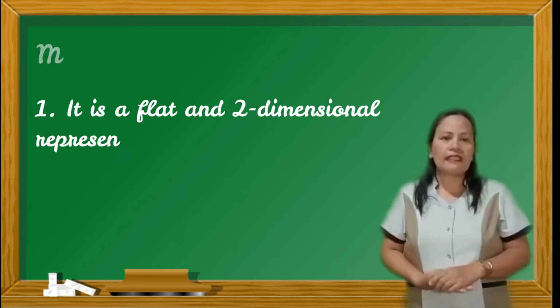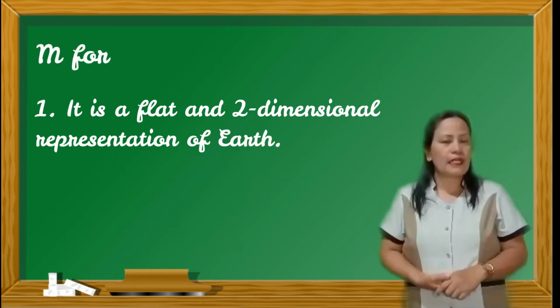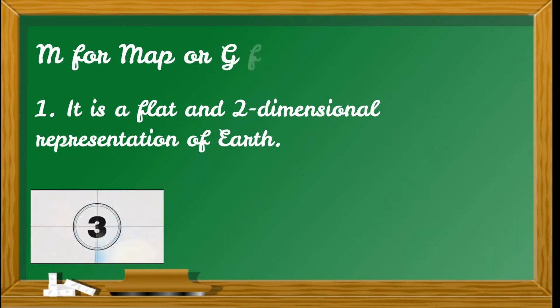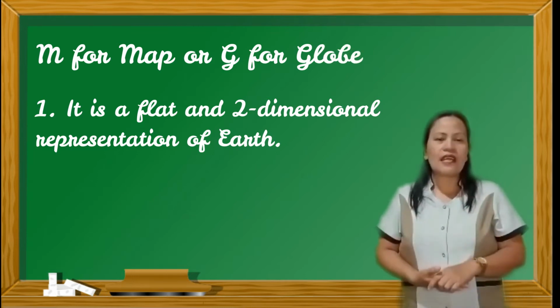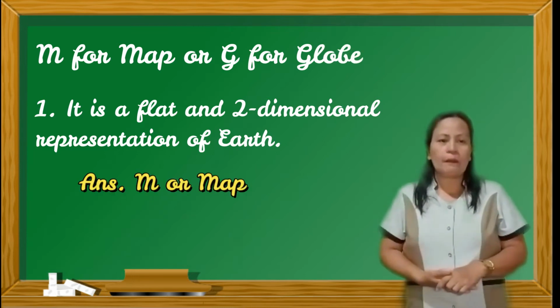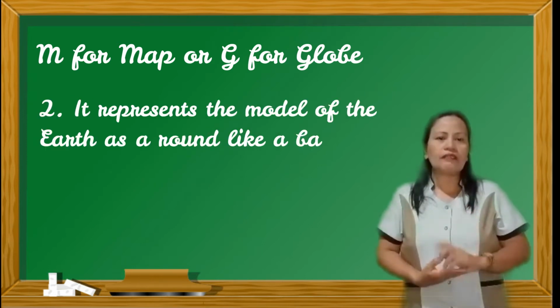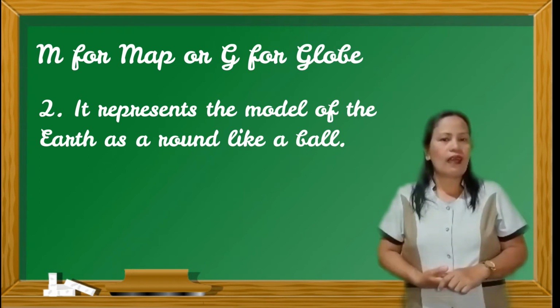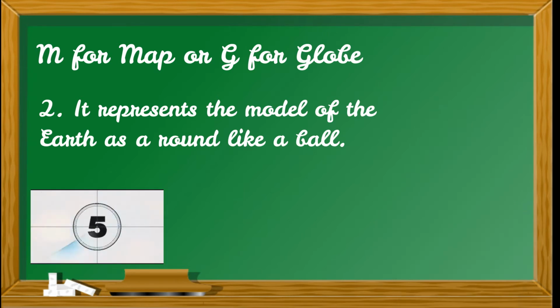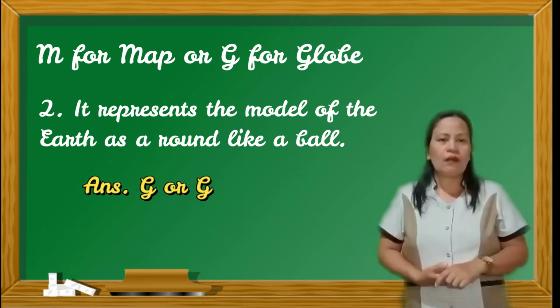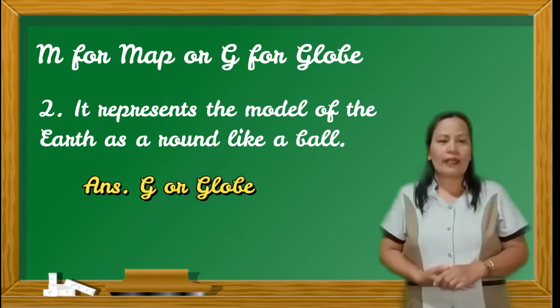It is a flat and two-dimensional representation of Earth. The correct answer is M or map. Number 2. It represents the model of the Earth as a round like ball. Amazing! If your answer is G or globe, then you are correct.